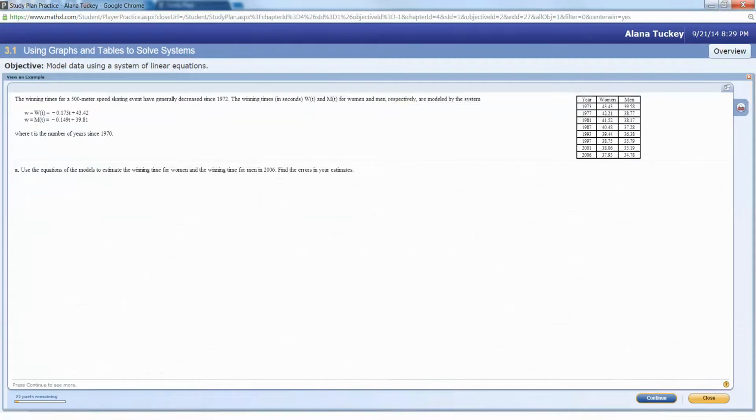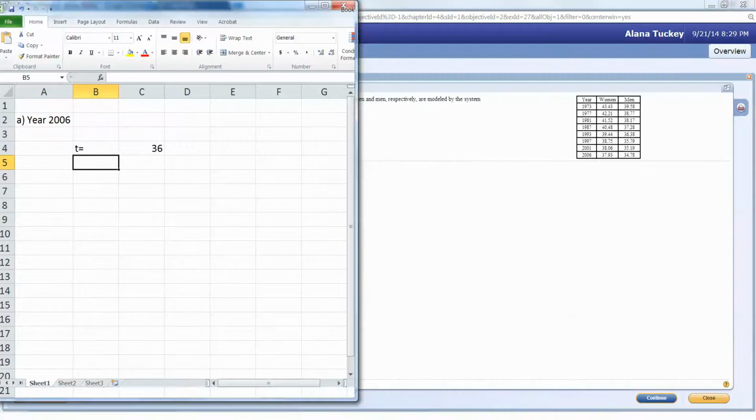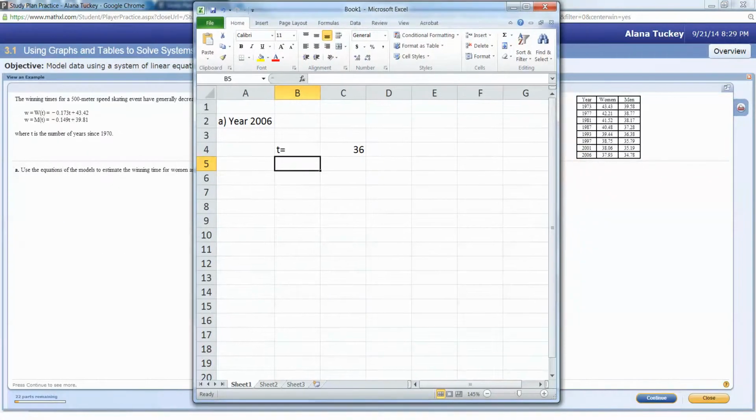I don't remember which one comes first. The women's time. So let me bring that up. So I want the women's time at 36 and the men's time at 36. All right, so the women's time would be equal to, and let's just for the fun of it put in the models here. So we have W of t is equal to negative 0.173 t plus 43.42.